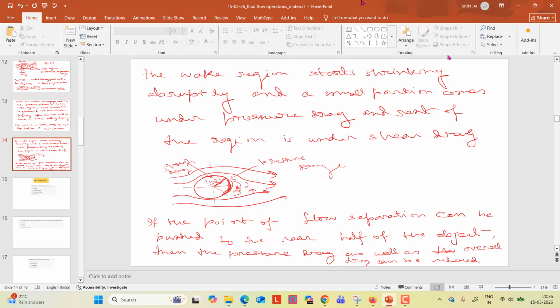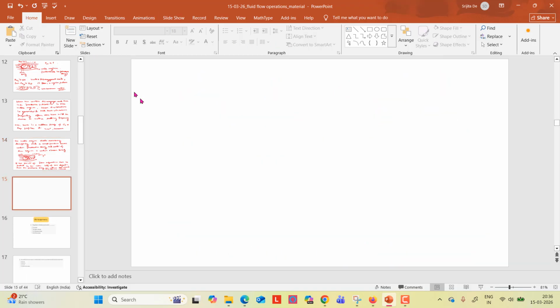So to reduce the effect of the wake, we start making shapes like wings, or you can compare it with the aeroplane shape, right?